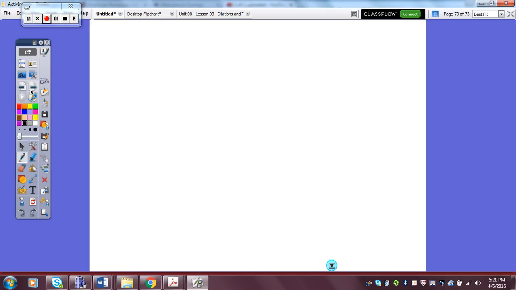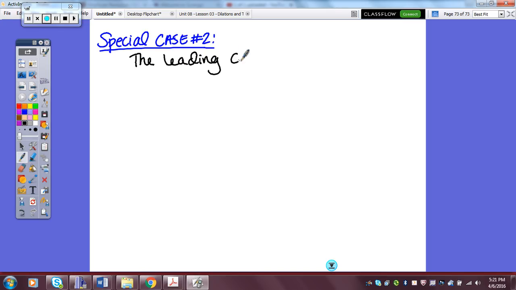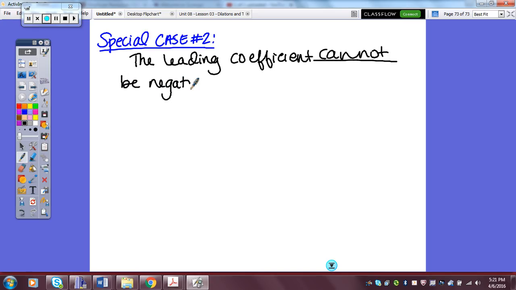So now, let's look at special case number 2. Special case number 2 tells me the leading coefficient cannot be negative. Right?